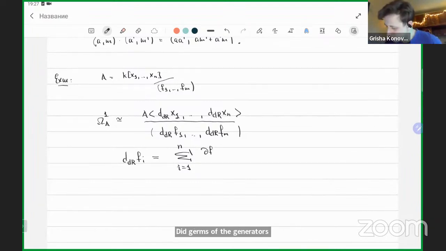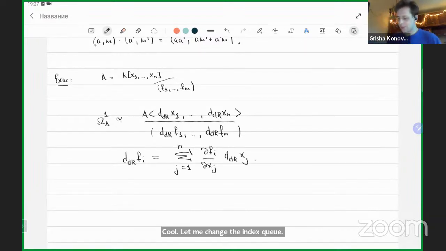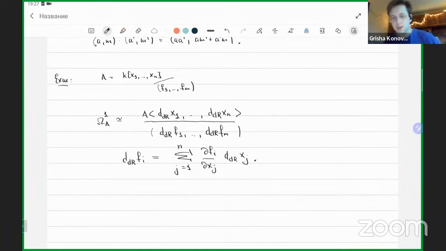Let me change the index here to j. So that's what some standard computation gives us.